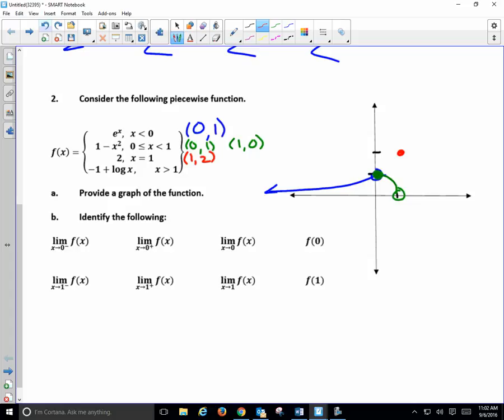Negative 1 plus the log of x. Do you remember what the log of x looks like? It's basically the inverse of the exponential function. So it would look something like this. But it's shifted down how many units?